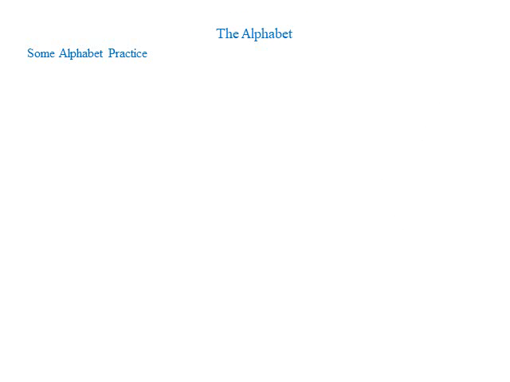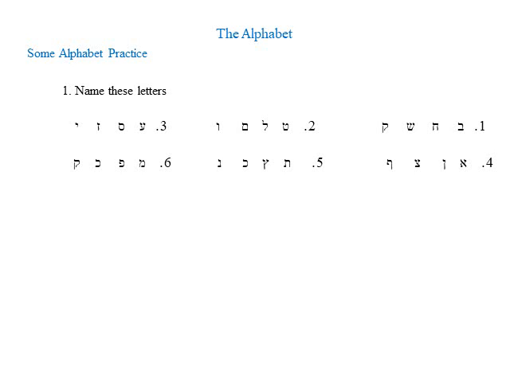And now we're going to do some additional practice looking at random letters. Line 1. Bet, Chet, Shin, Kuf. 2. Tet, Lamed, Mem Sofit, Vav. 3. Ayin, Samech, Zayin, Yud. 4.